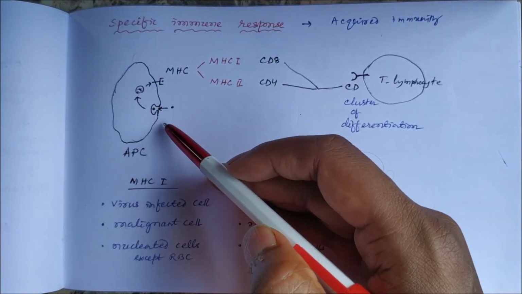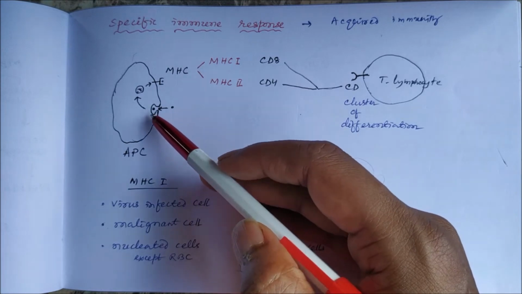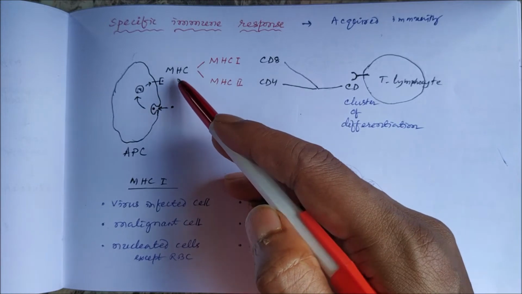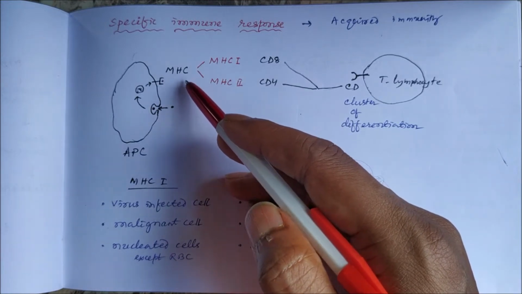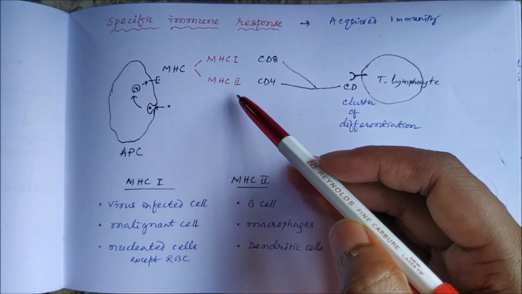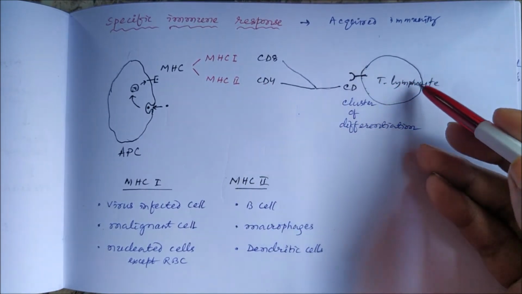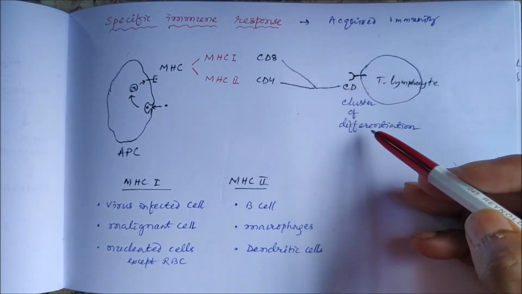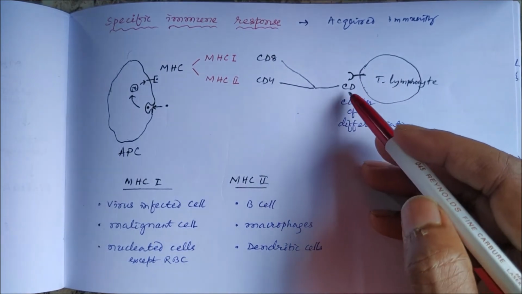So the antigen is first processed and presented by the antigen presenting cell in the form of major histocompatibility complex, MHC, which may be either MHC1 or MHC2. The T lymphocytes on their surface have receptors called cluster of differentiation, or CD.